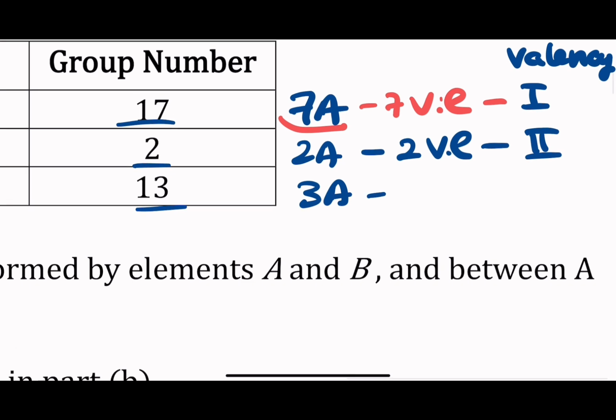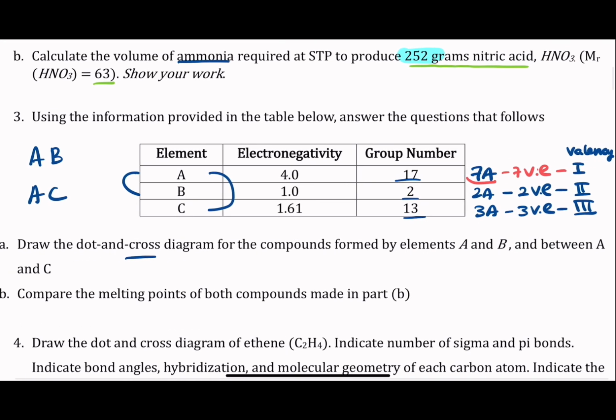For 3A, 3 valence electrons, it needs to lose 3, so the valency is 3. So we're gonna write it here. On top of the A, we're gonna write 1. On top of the B, we will write 2. On top of the C, we will write 3.